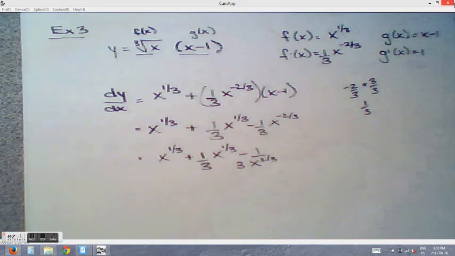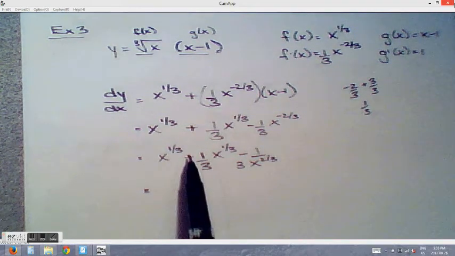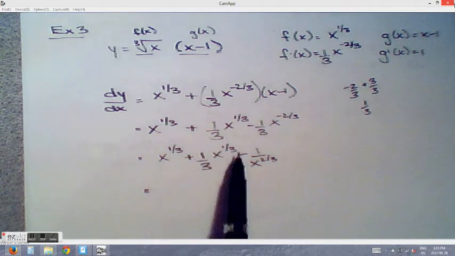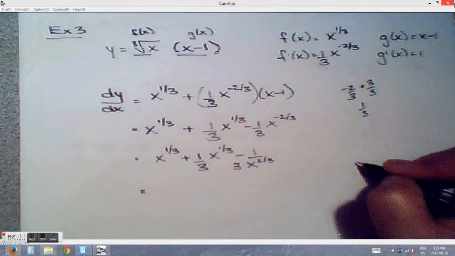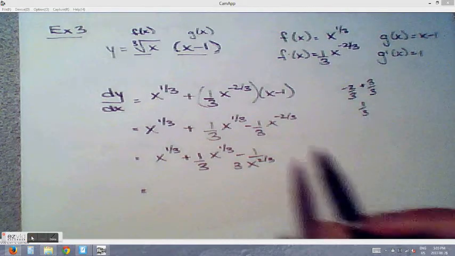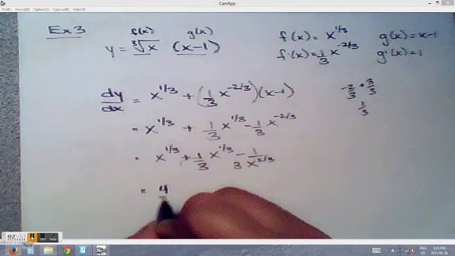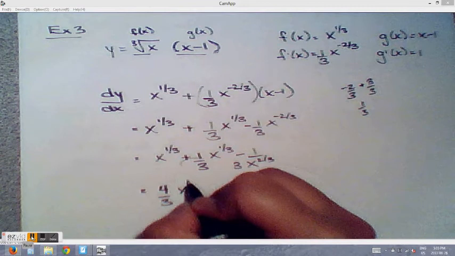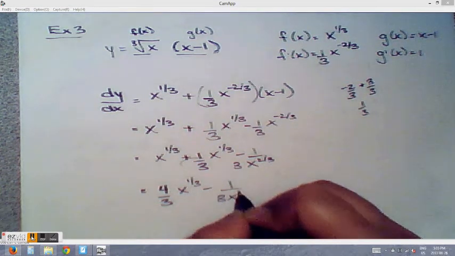Now, let's see. We could add these two because they both have the same exponent. So 1 and 1/3 is the same thing as saying 4 over 3x to the exponent 1 over 3 minus 1 over 3x to the 2 over 3.